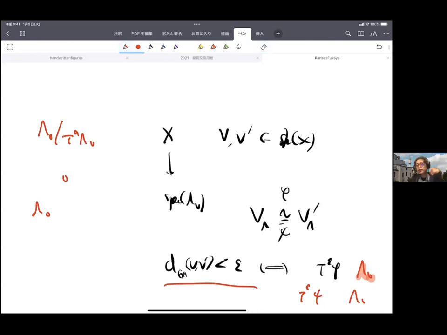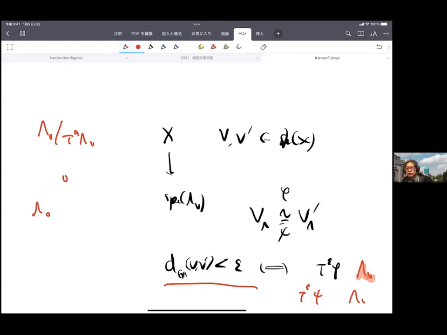My feeling is that this lies more in the rigid world than the formal world. I think the rigid blow up at the origin does not change the rigid space, right? Somehow. So blow up probably gives more objects somehow.